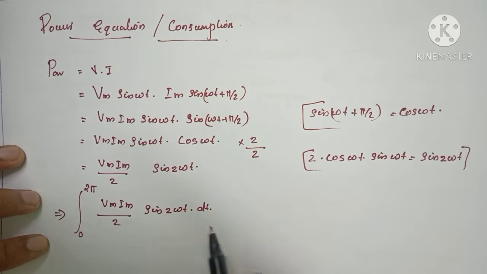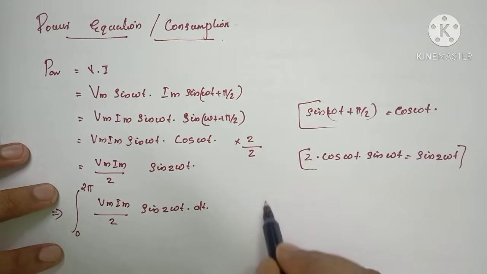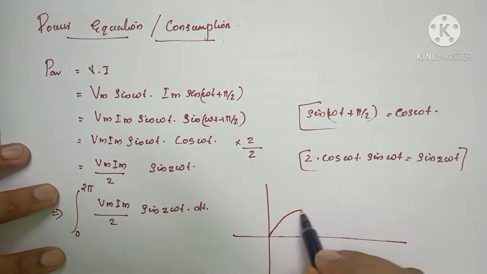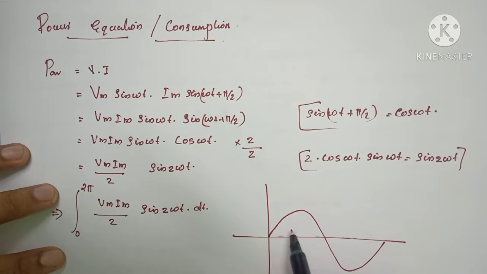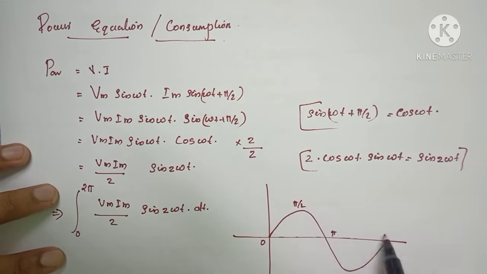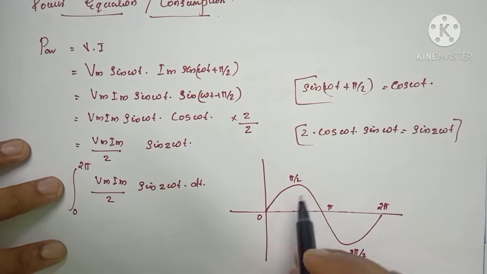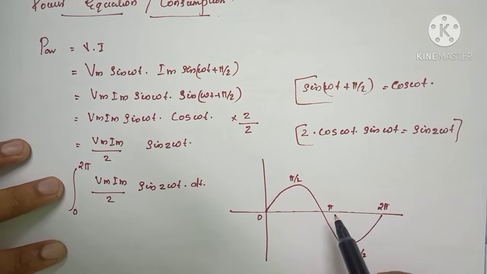Clearly it will be 0, because for a pure capacitor, during the positive half cycle the capacitor charges, and during the negative half cycle it discharges, again charge, discharge.